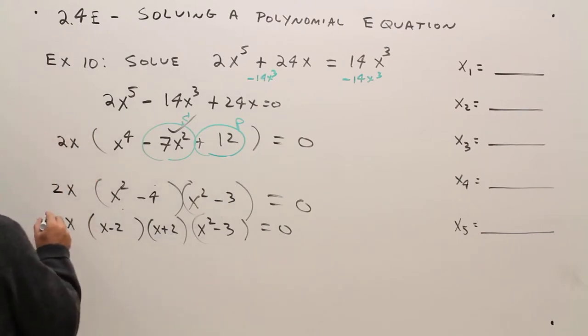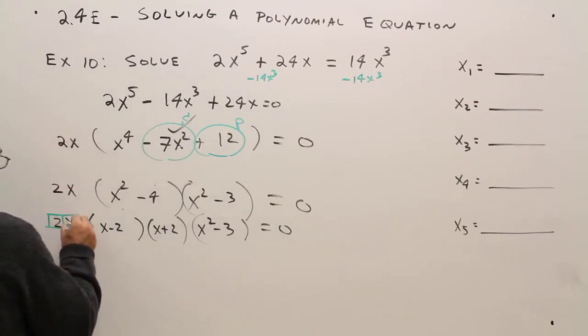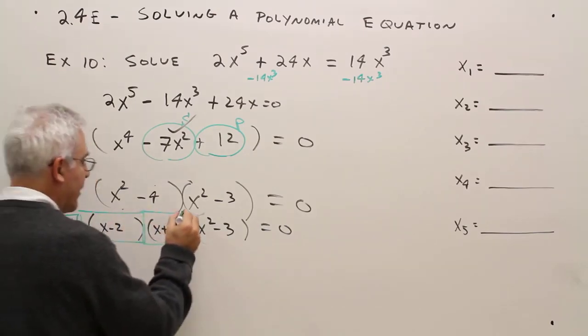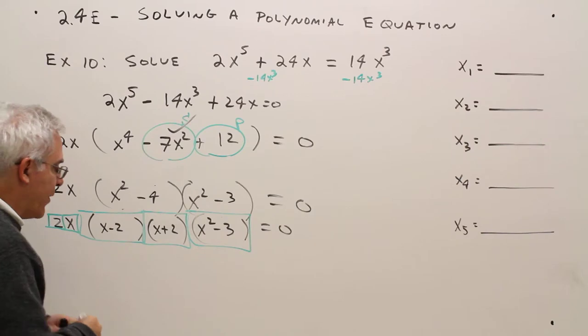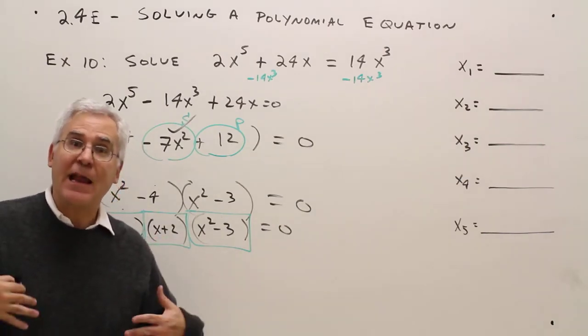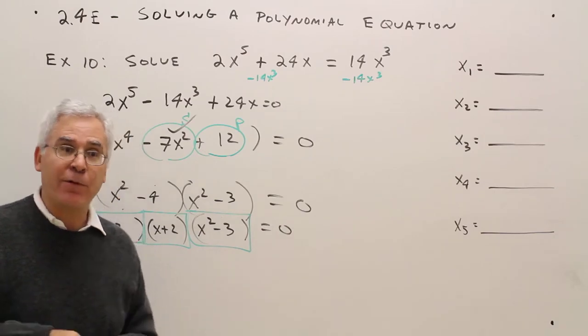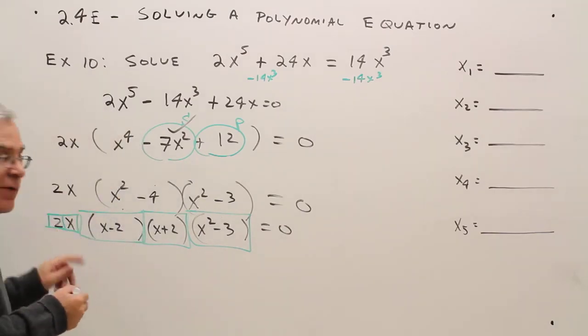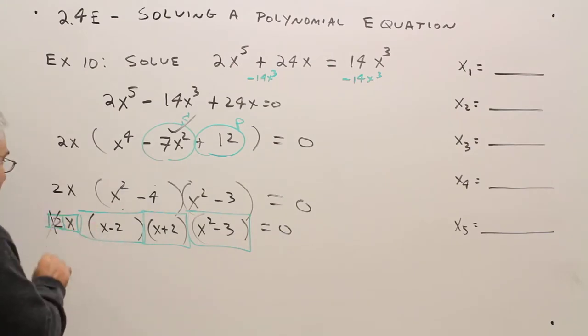I can even separate them, so I'll box them. I've got a 2, got an x, got that, and I've got that. So what you want to do is set each factor chunk equal to 0 and solve it for x. Well, 2 will never be 0, so I can disregard that.